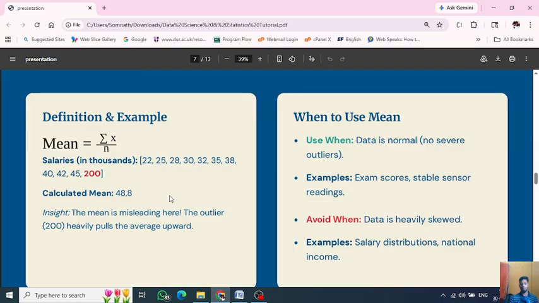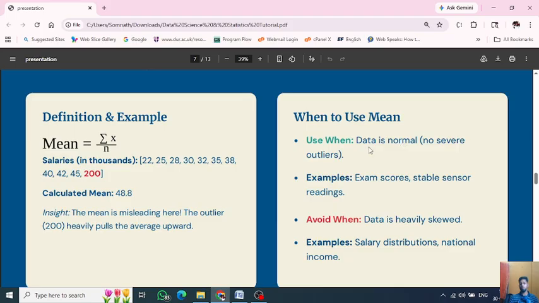If you have this type of scenario and you take the mean, you'll get the wrong information. Okay, that means in data science, if you want to know the average of any data and you take the mean in this scenario, you will get a wrong value, right? Because the extreme value is present.